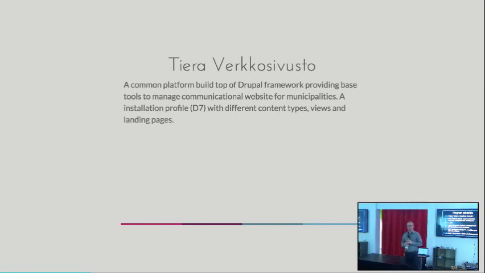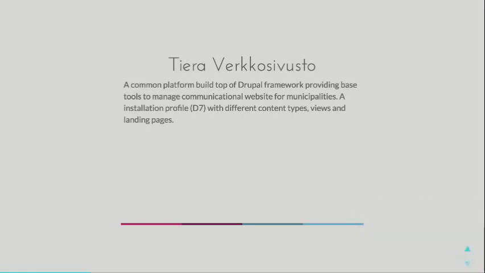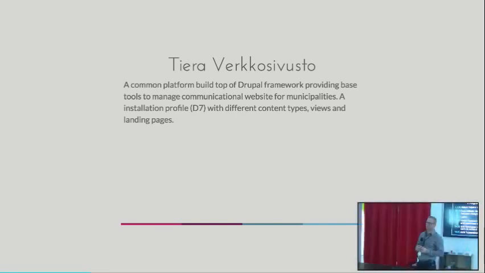It's a common platform, a Drupal 7 distribution with content types, views, landing pages, permissions, templates, and easy installation from the start for municipalities to make communicable websites. It's not the electronic services, that kind of stuff.